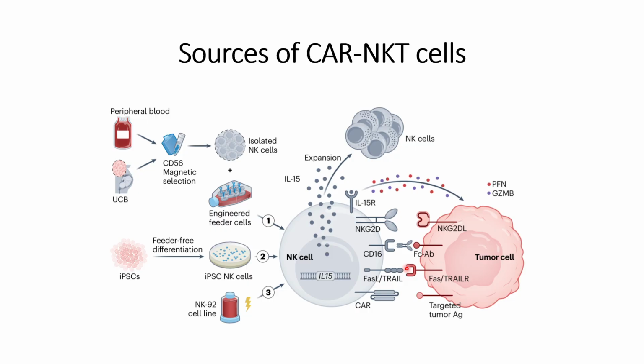So these are some of the common receptors shown here. However, CAR-NKT cells are not limited to just these receptors; other receptors can be modified as long as they serve the purpose of increasing anti-tumor efficacy against the tumors.